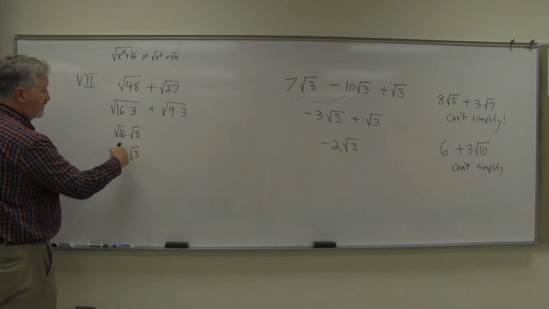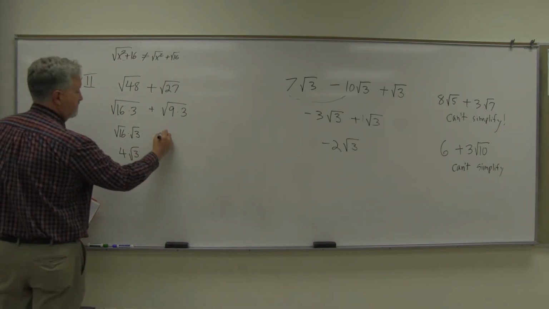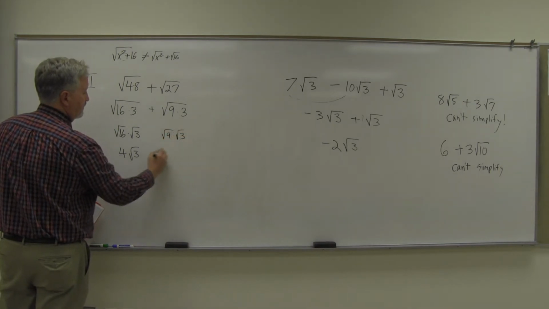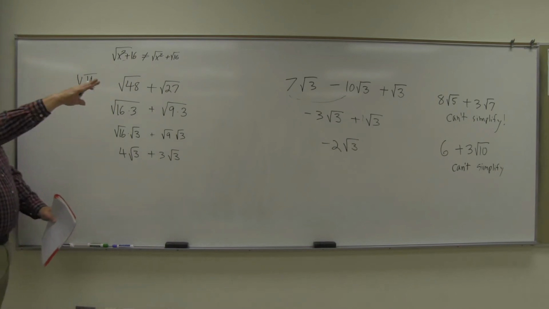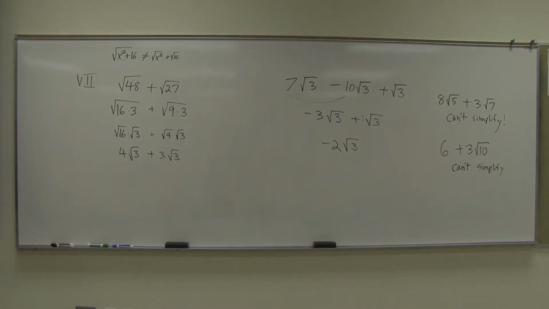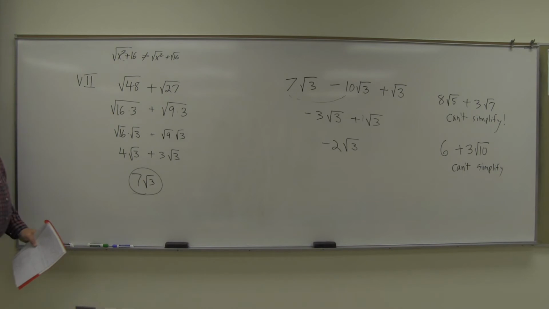And so that's how he got 4 square root of 3 for that one, and then this one, same thing. That's square root of 9 square root of 3, so that's plus 3 square root of 3. And that's where our discussion now kicks in, doesn't it? I can add those because they're like radicals. 7 square root of 3. There you go. Okay.